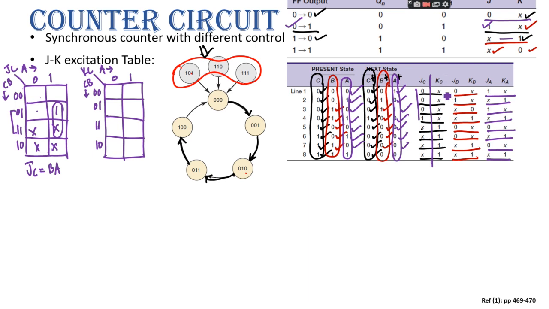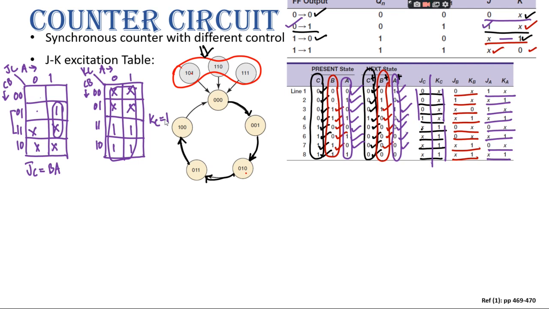So here you can see for the first 4 it should be don't care, and for the last 4 it should be 1 1 1. So how can we combine them? We can take 8 1s together, right? So my KC can be 1, right? Yes, sir.